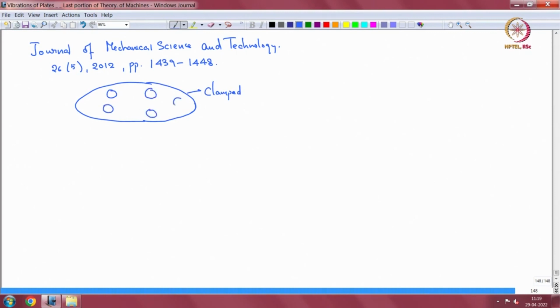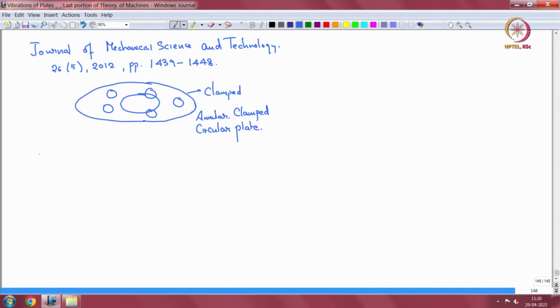We will not worry about the multiple holes, but we will worry about one central hole, which makes it an annular plate, an annular clamped plate, let's say clamped circular plate. The method is exactly the same.